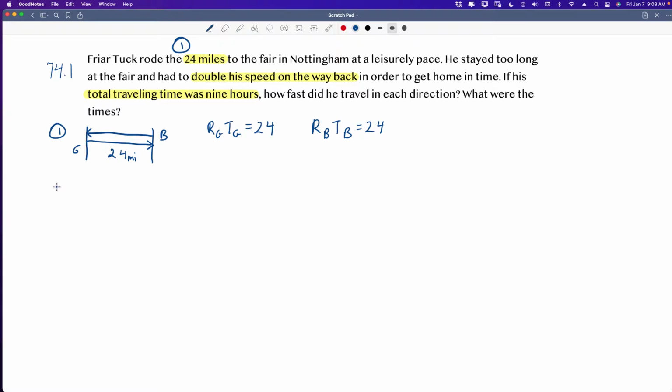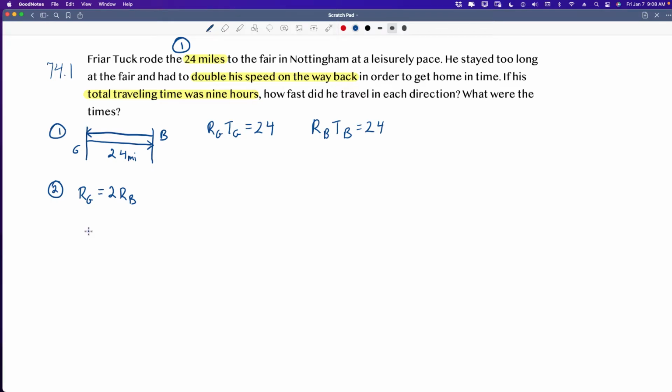All right, let's do information 2. Information 2 says that he had to double his speed on the way back because he stayed too long. So he doubled his speed on the way back. So his rate going was the same as 2 times his rate back, because he had to double the speed on the way back.